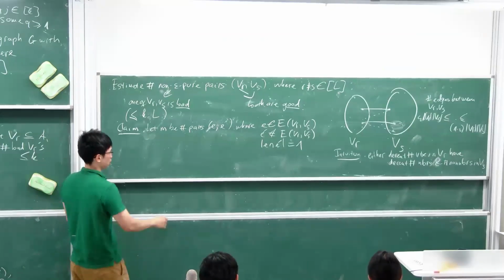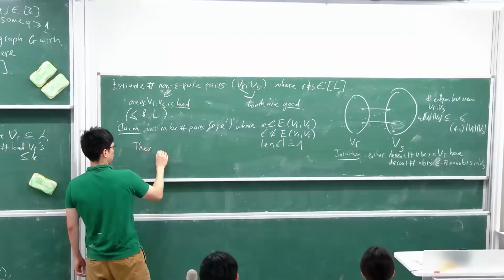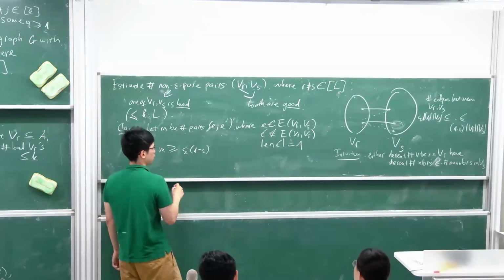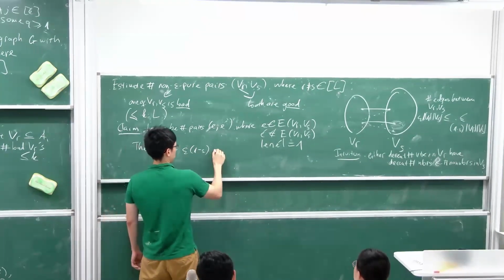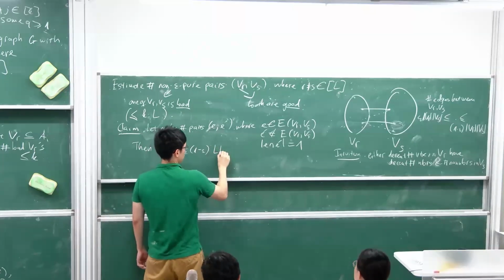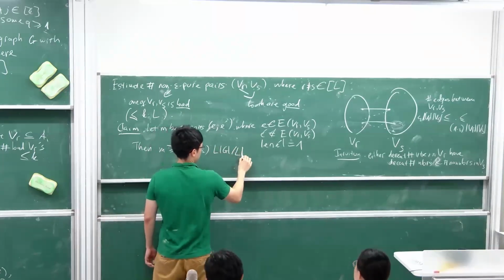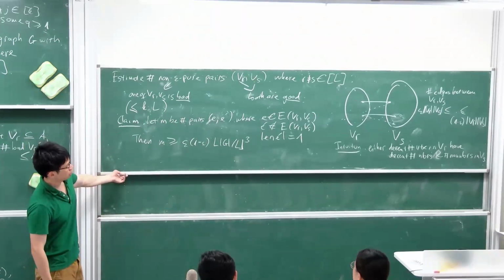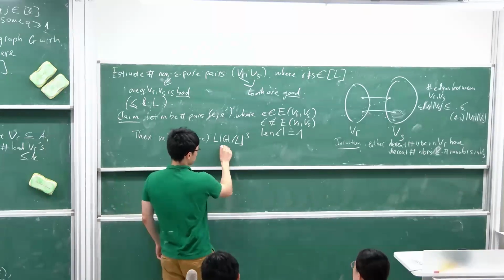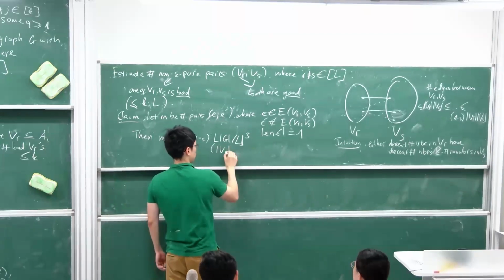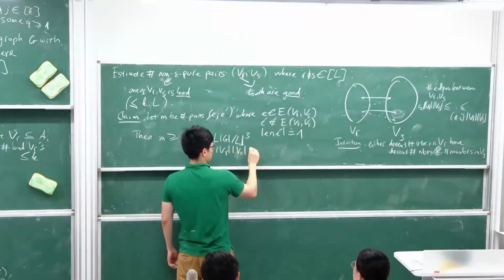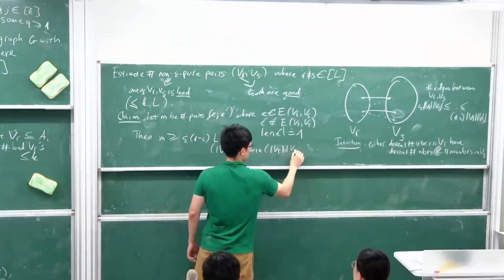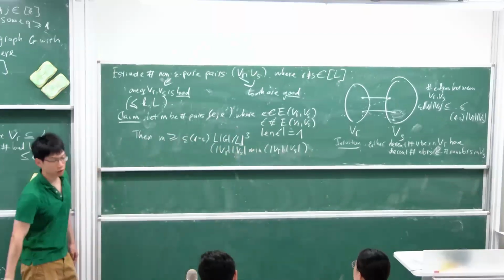Then M is at least epsilon times 1 minus epsilon times the ceiling of G divided by L, raised to the power 3. Actually, this is VI, so you have VR times VS times the minimum of VR and VS. That is what it says.